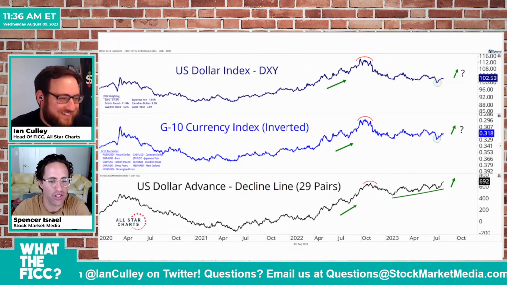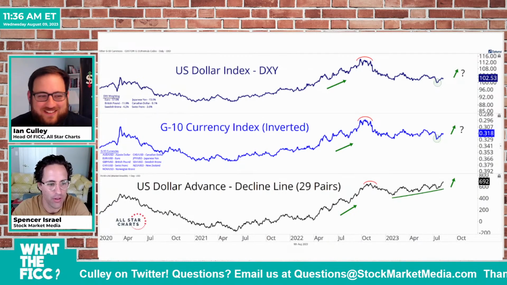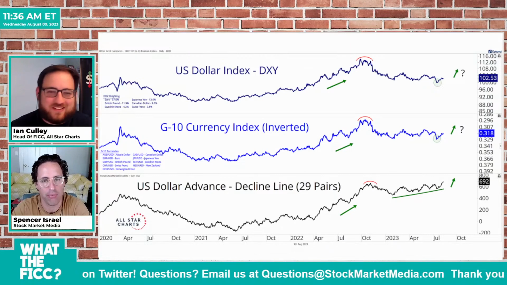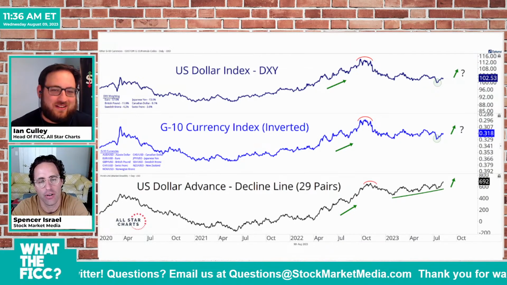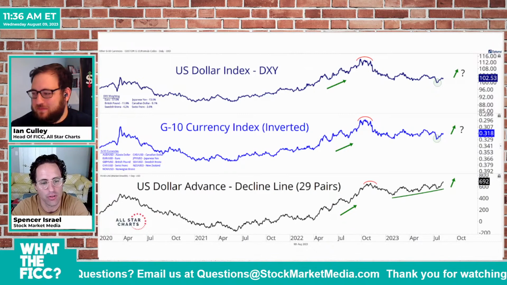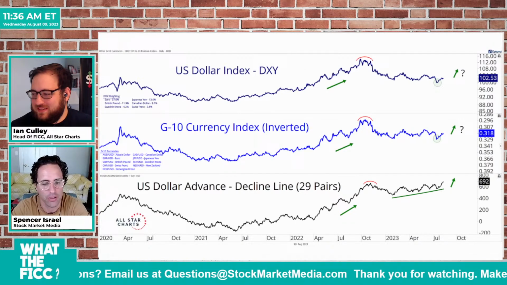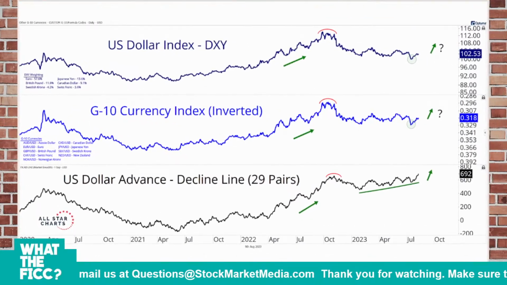This chart here is all about confirmation. In the lower pane, we have a broad measure of the US dollar using an AD line, 30 pairs, 29 pairs. Now, the dollar broke down again earlier in the year. G10 currencies started to break down.